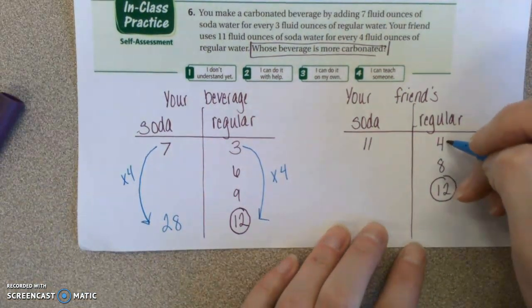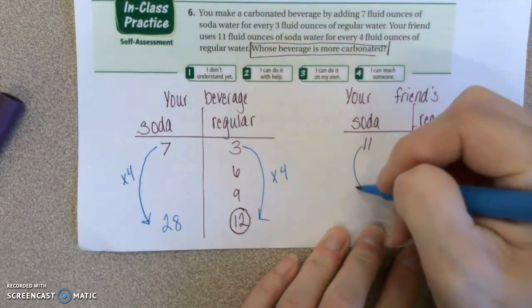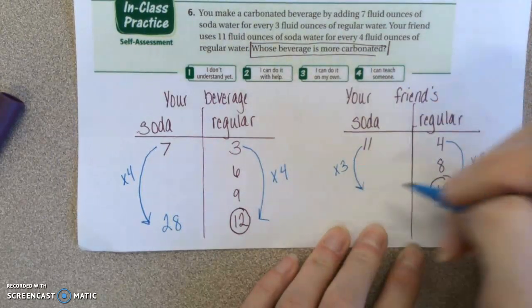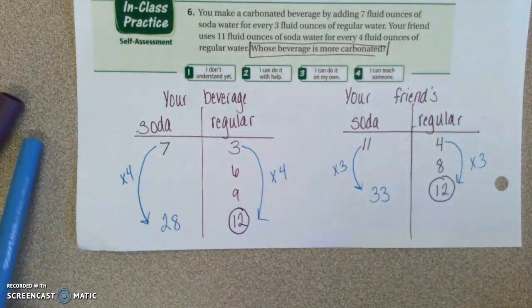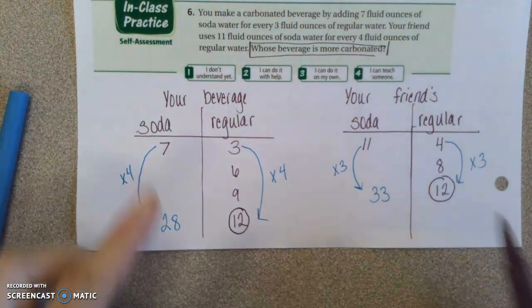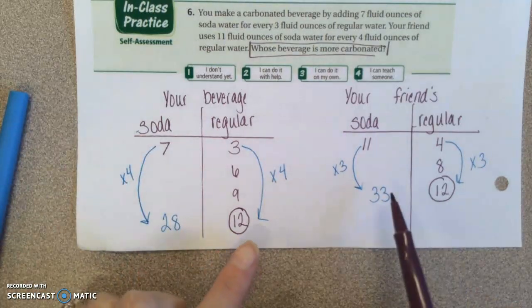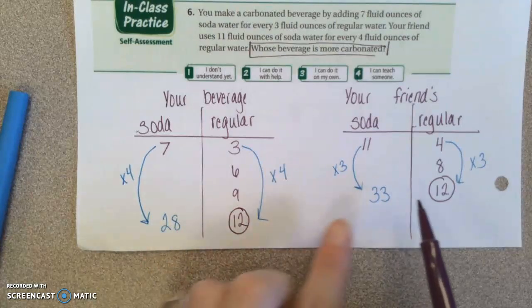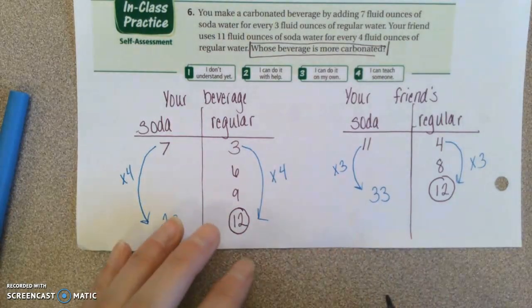Over here, it would be 4 times 3, so I'm going to do 11 times 3. So when this question is whose beverage is more carbonated, if I look at the amount of soda water, when we both have 12 ounces of regular water, your friend has more. So your friend's beverage is more carbonated.